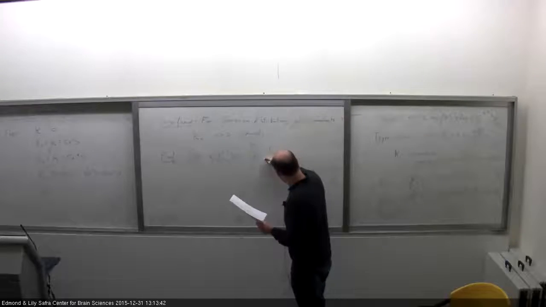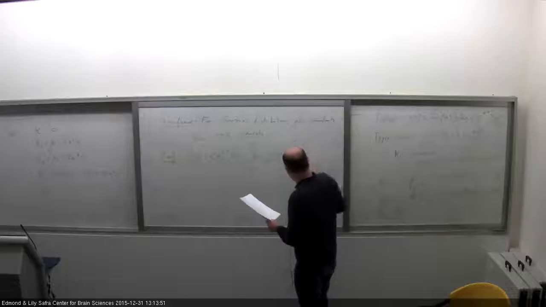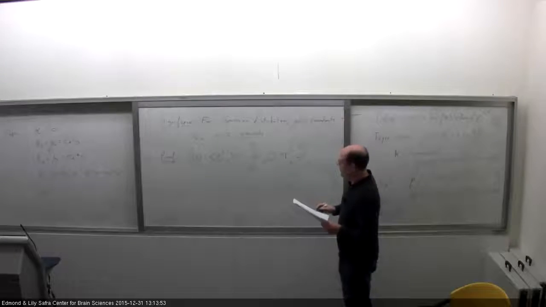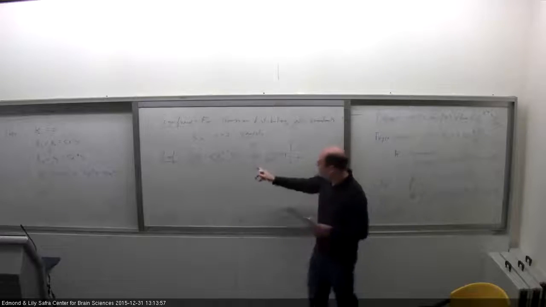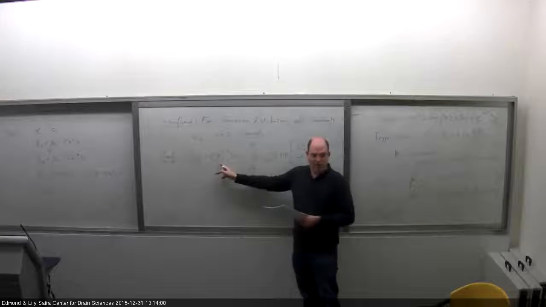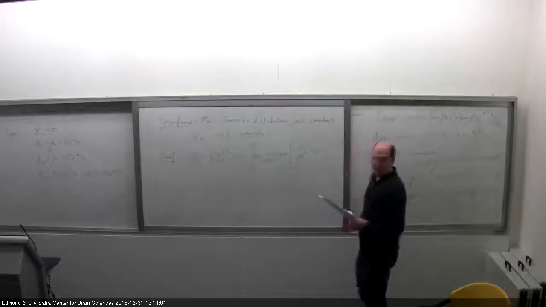So 1 over square root 2 pi sigma squared times e to the minus x squared over 2 sigma squared. This is p of x, but it's all multiplied by e to the xt, so I will just add here xt. Okay, so this is f of t.